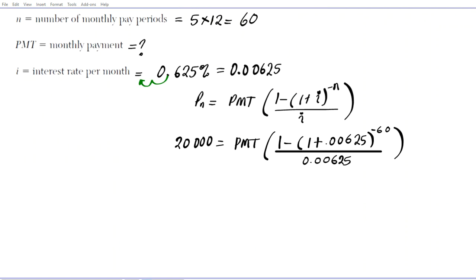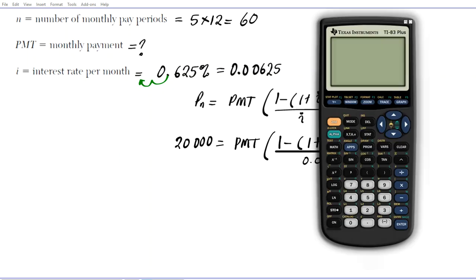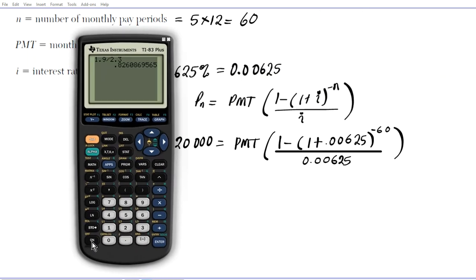Alright, let's bring out our calculators, and we're going to compute the quotient here. Let's separate the numerator and the denominator. For the numerator we have parentheses 1 minus parentheses 1 plus 0.00625, close that, raised to the negative 60th power. Close your numerator, divided by your denominator, which is 0.00625.